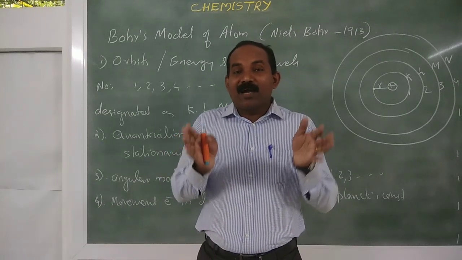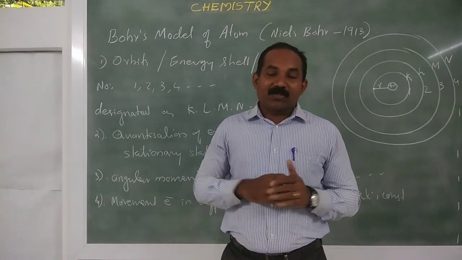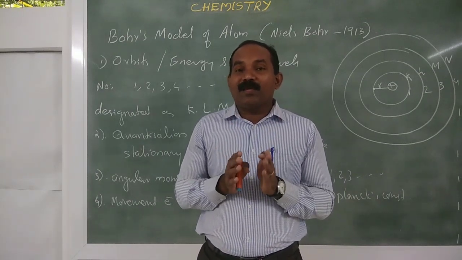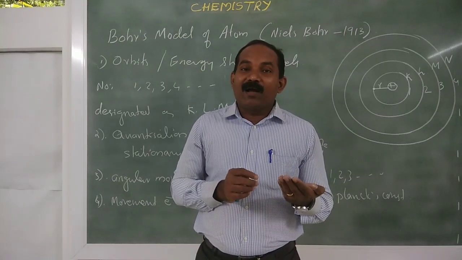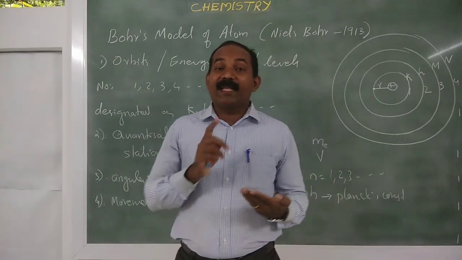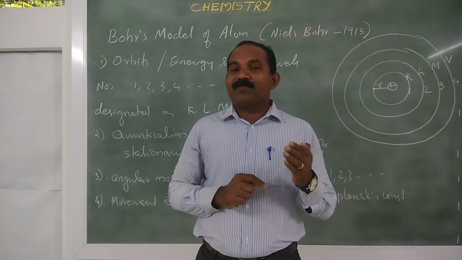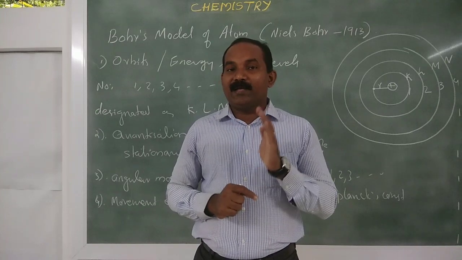That energy comes in the electromagnetic spectrum. So the frequency of the radiation absorbed or emitted by the electron differs by delta E.